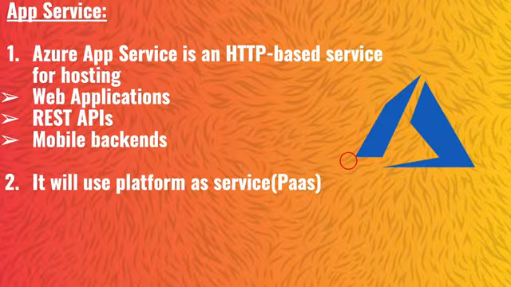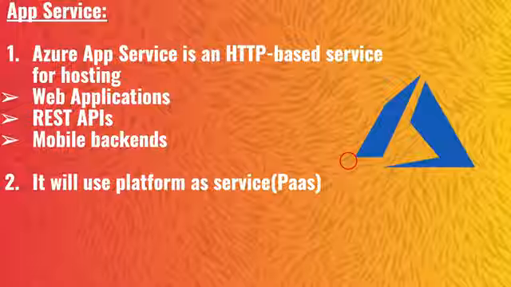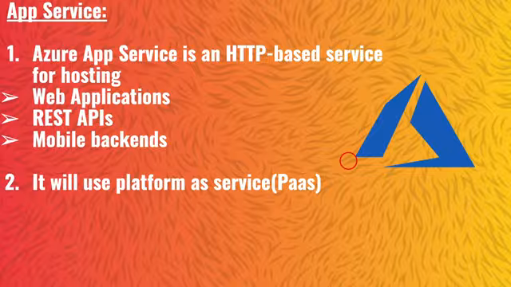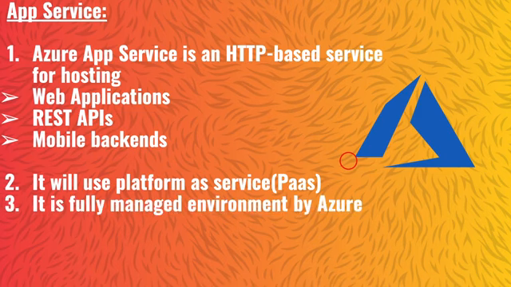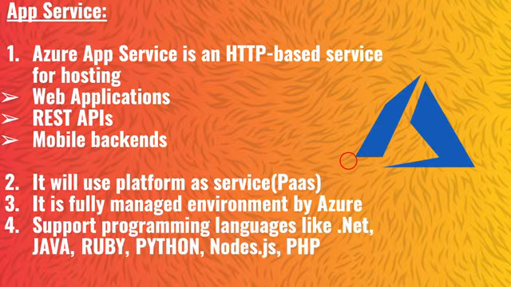Coming to infrastructure as a service, as a user, you should manage that environment. Coming to platform as a service, it is a fully managed environment, guys. So you should not bother about how it's going to be managed, because it is fully managed by Azure. That is the reason app service uses platform as a service. And after that, it supports programming languages like .NET, Java, Ruby, Python etc.